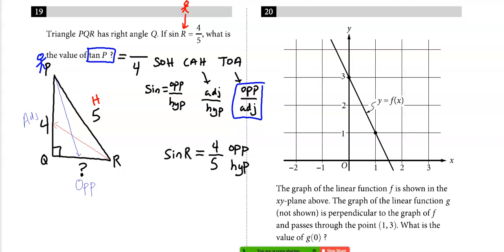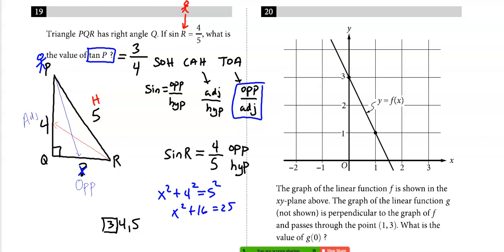So you could do a couple things. If you know some Pythagorean triples, you will know that 3, 4, 5 is a very common Pythagorean triple. So that's how I know this answer is going to be 3. But if you didn't know it, you could call this x and do the Pythagorean theorem. Leg squared plus leg squared equals hypotenuse squared. x squared plus 16 is 25.